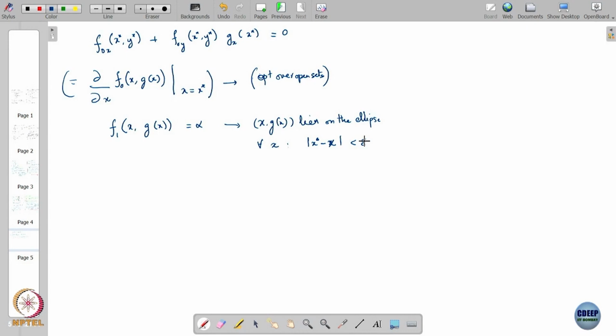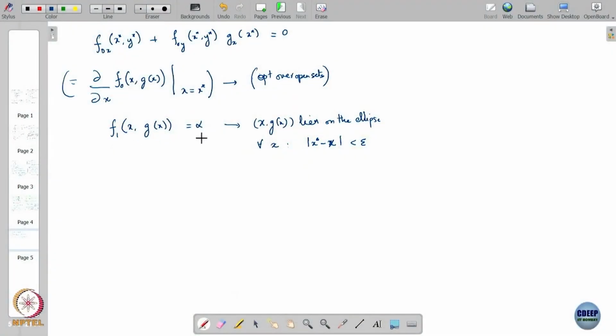But since this is true for all x in this interval from x star minus epsilon to x star plus epsilon, what does it mean? The left hand side is actually independent of x as I vary x from x star minus epsilon to x star plus epsilon in that open interval, because for all these x's it is equal to alpha.